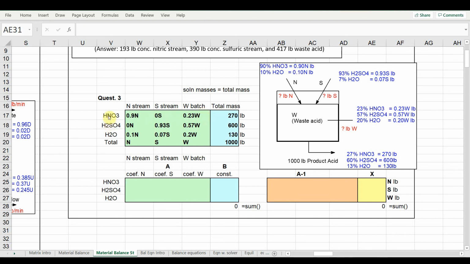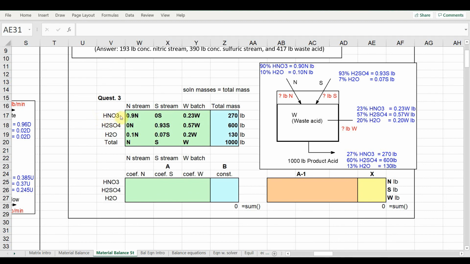Then I have the components of each stream. So I've written the total pounds of the nitric acid stream would just be N. The total pounds of sulfuric acid stream is S, and the total pounds of the waste stream is W. And those three streams combine together to give us 1,000 pounds. There's one equation. Now let's write a mass balance equation for each component.